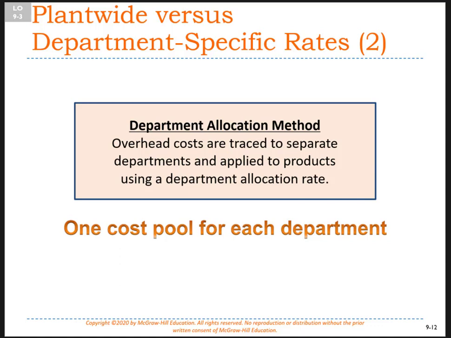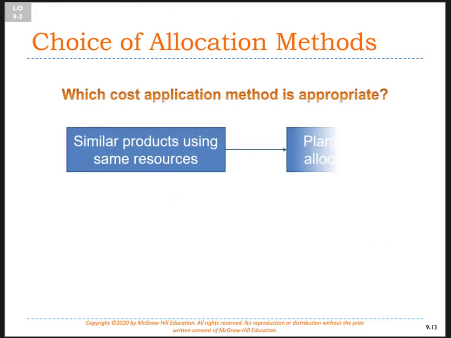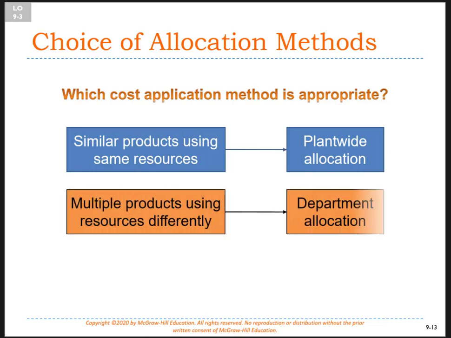Now, in real life, what happens? Well, the more similar your products are, the more similar the processes are that you're doing, the less sense it makes to separate it into smaller piles. So if your process is very straightforward, simple and continuous, then maybe a plant-wide allocation is fine, meaning you won't get any better information by breaking it down into pieces.